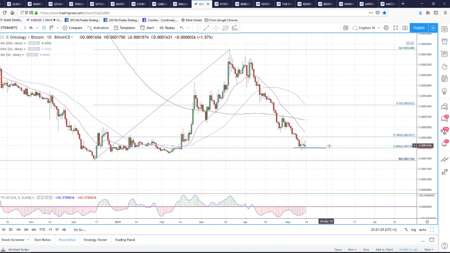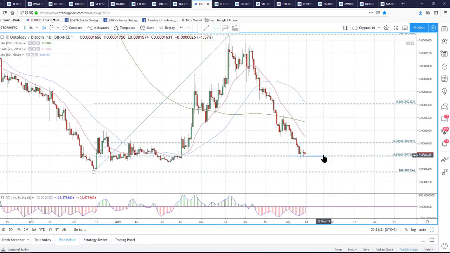And the good news about a reversal from an 886 fib is your target is the 50%. So our target, if we can break out higher here in Ontology against Bitcoin, is 422.